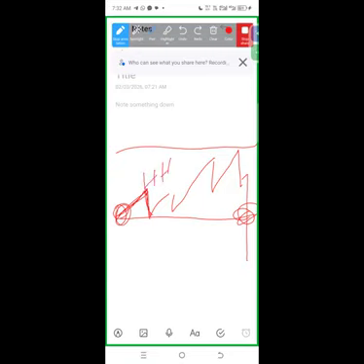Then from here, it also moved from this place to this zone. So this is another high here, right? So from this is a higher low, then this was a higher high again. Then higher low, then the next high was higher as compared to the previous high. So this is also a higher high, then a higher low.